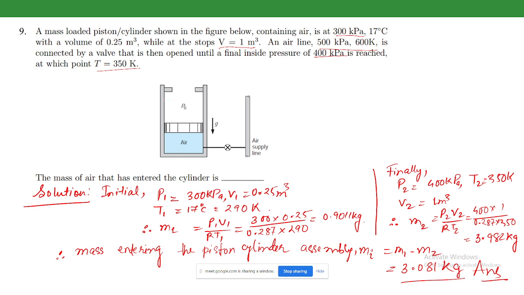After that, when the piston has already reached the stop, the volume cannot increase any further. So the volume will be maintained constant and the pressure will now increase from 300 kilopascal to 400 kilopascal. In the second part, when the volume is constant, no work is done, since the volume is constant. So the work will be done only in the first part of the process, when the pressure is constant and the piston is moving upward and the volume increases from 0.25 to 1 meter cube.